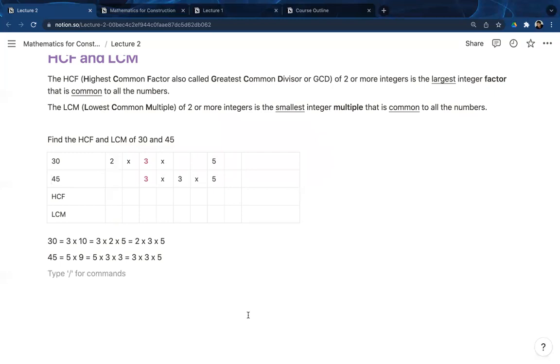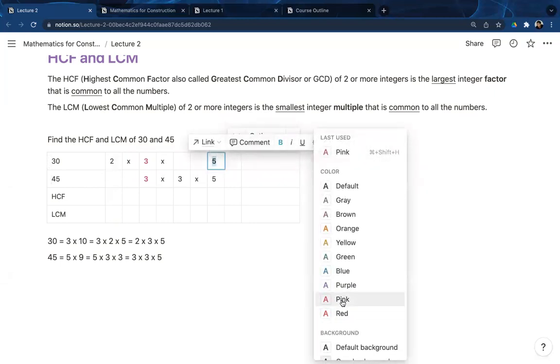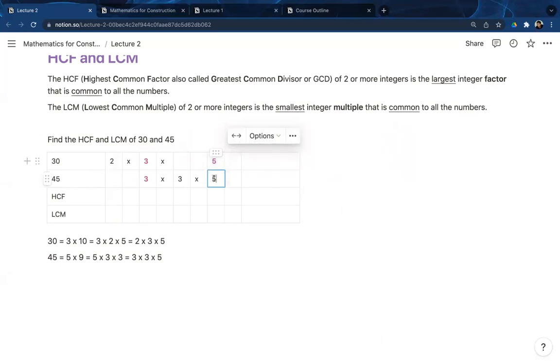What you want to do, you want to make sure you use up as much factors that you have in common. Okay. Also, the 5 is common to both 30 and 45. So this 5 here is common. 45 has 2 3s in it, but only one of the 3s is used up.